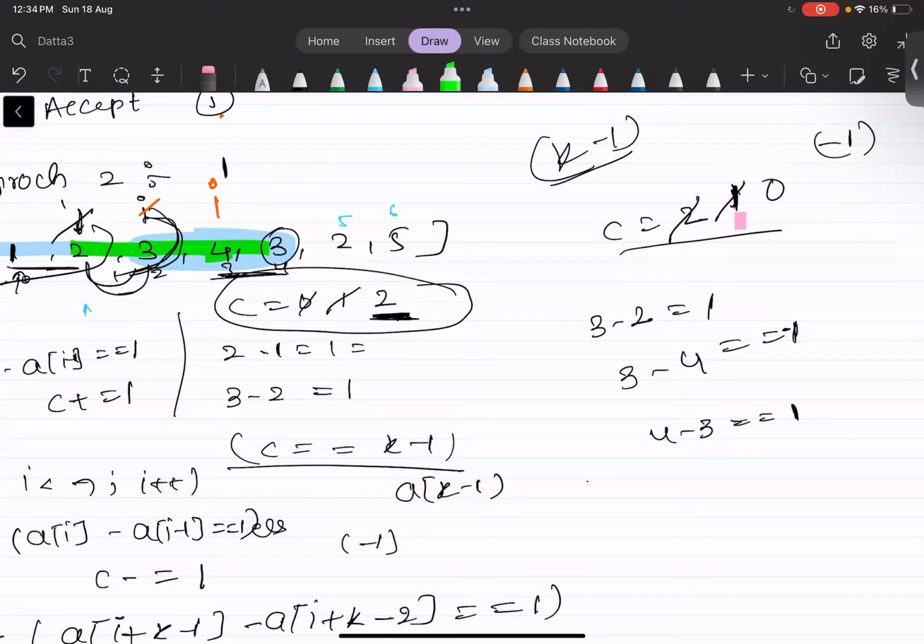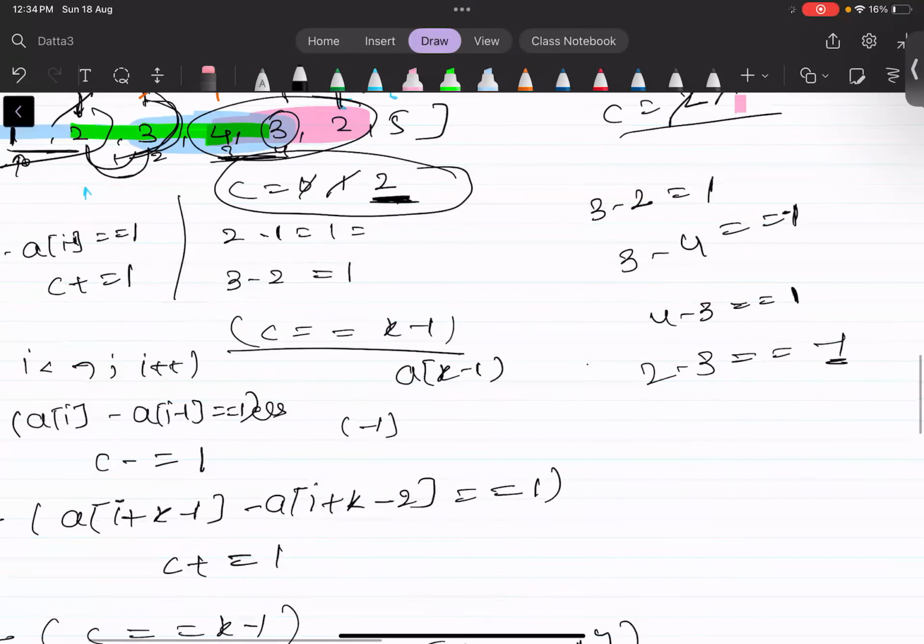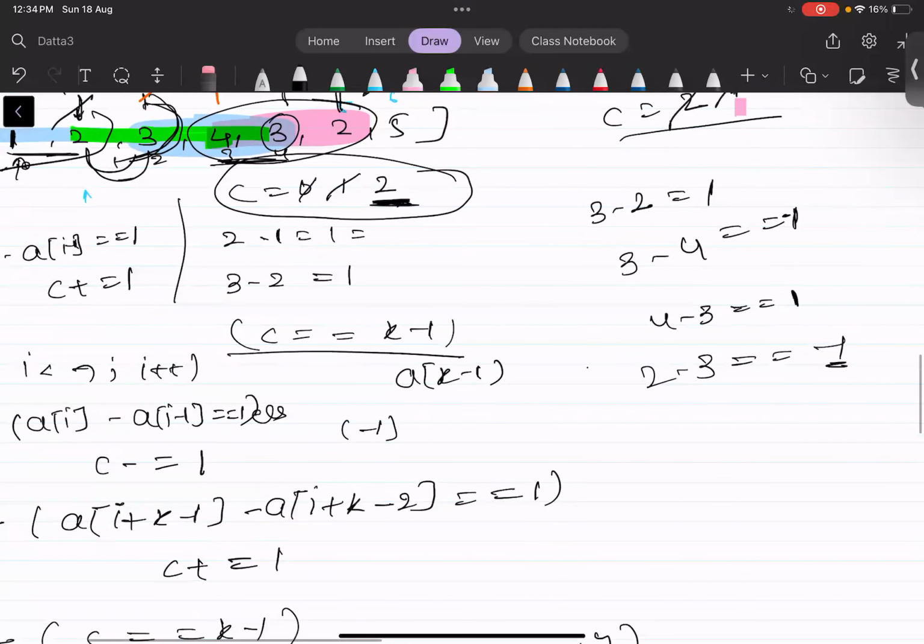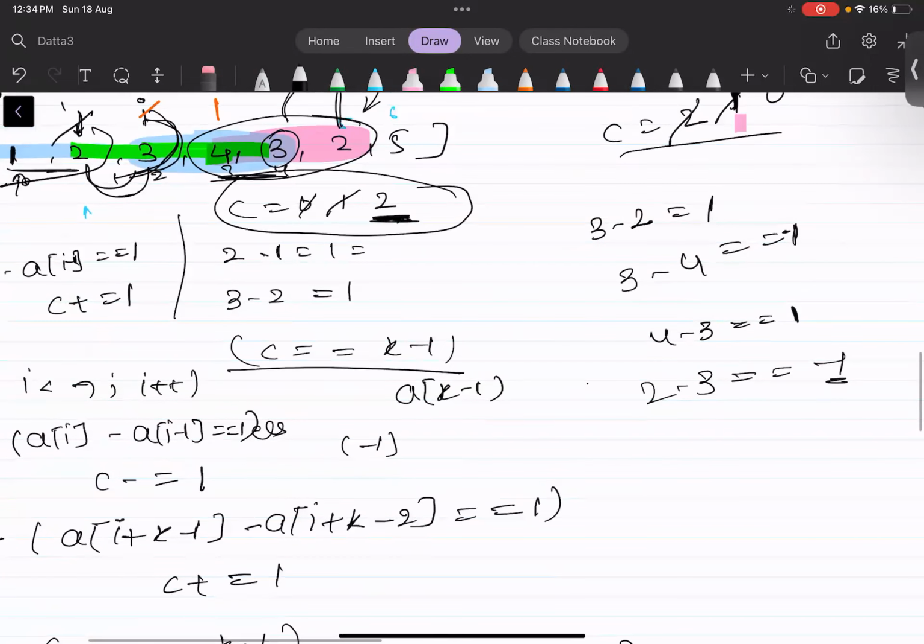If the difference between this pair of elements, 2 minus 3, is 1, no, it is minus 1, right? So 2 will not contribute to the answer for this subarray. So I'm not going to increase my C. So my C will be again 0, which is not equal to k minus 1. So I'm going to add minus 1.